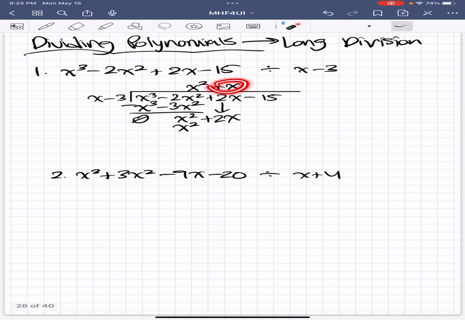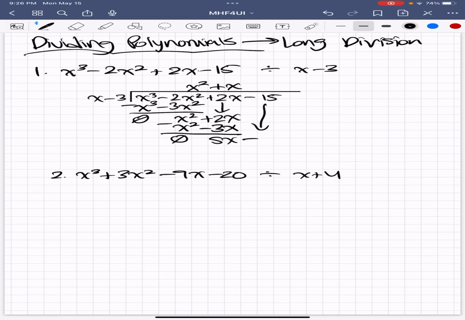Then we multiply these two numbers, and we're left with minus 3x. X to the power of 2 minus x to the power of 2 is 0. Positive 2x minus negative 3x is 5x. Bring minus 15 down.